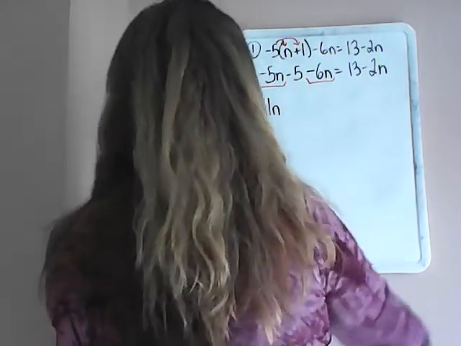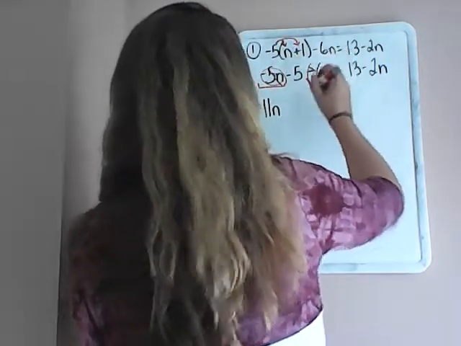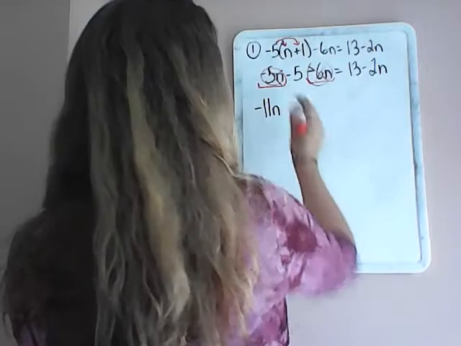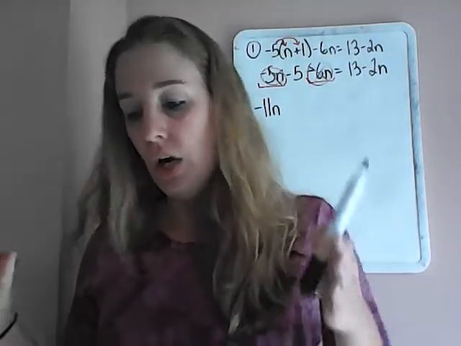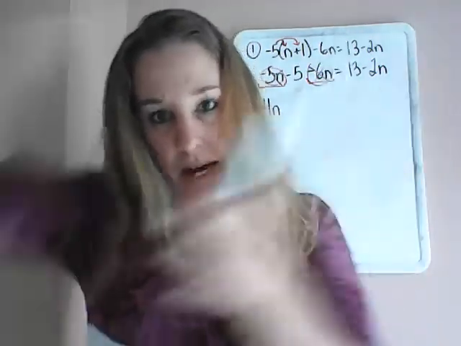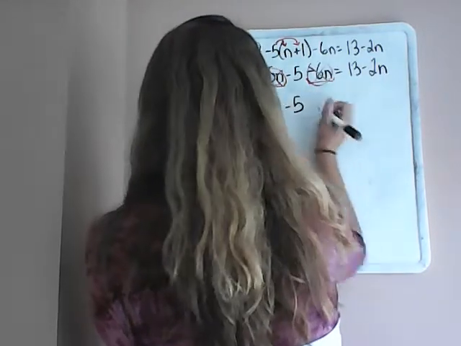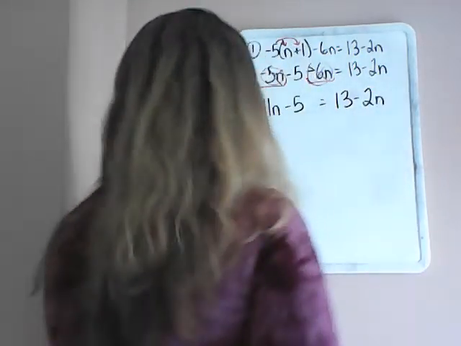So I've combined those. And then if you look, I've only got this -5. There's nothing to combine it with, right? When you're combining like terms, you're only focusing on one side of the equal sign at a time. You're not combining all over the place, right? So this -5 just comes on down, equals 13 minus 2n.